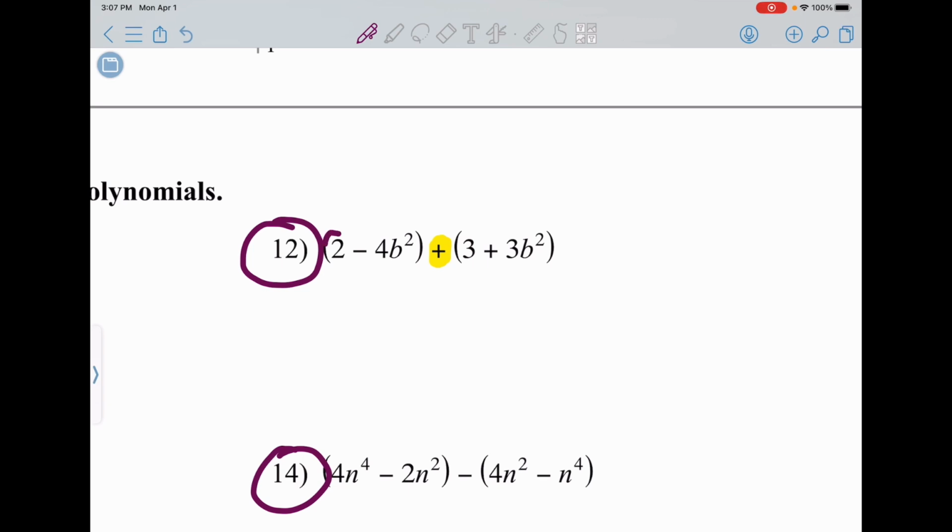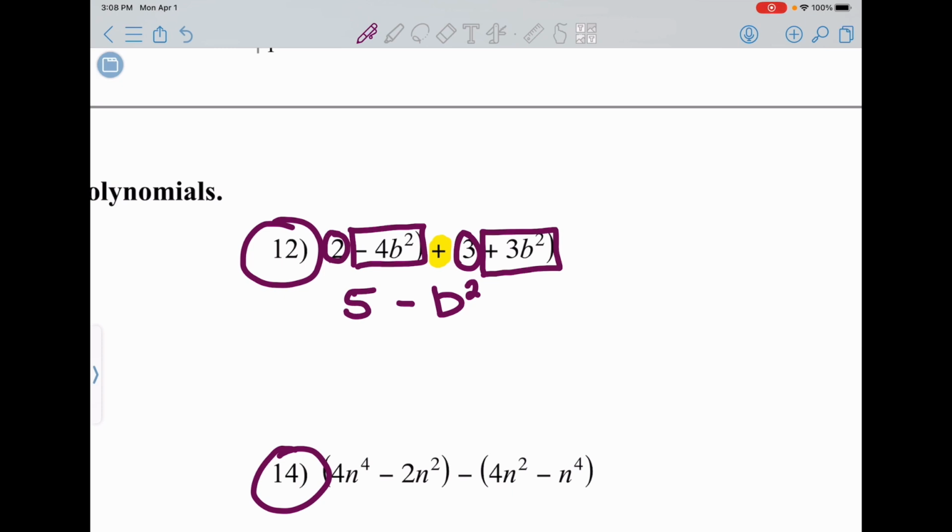In this case, I have 2 and 3, which are just constants. 2 plus 3 is 5. And I have a negative 4b squared and a positive 3b squared. Because they both have a b squared, they are like terms, and negative 4 plus 3 is negative 1b squared.